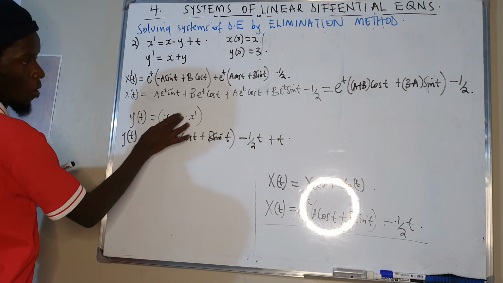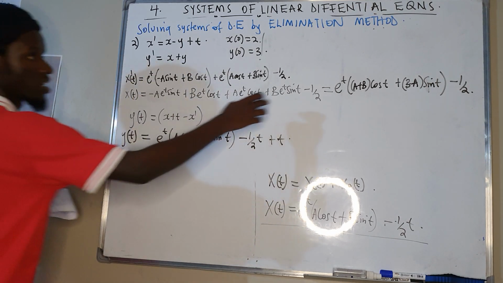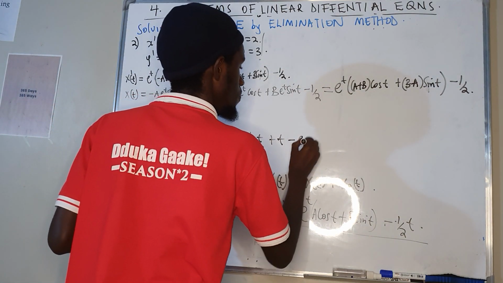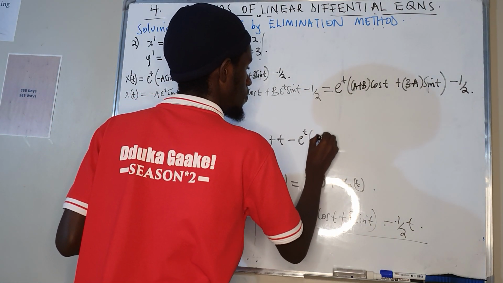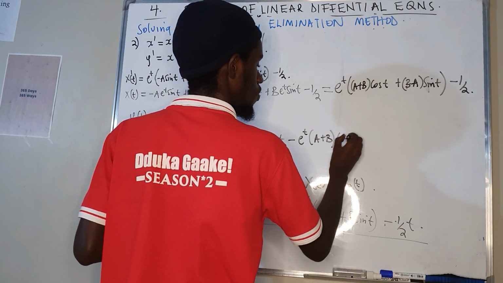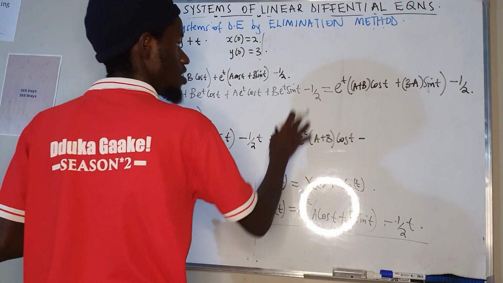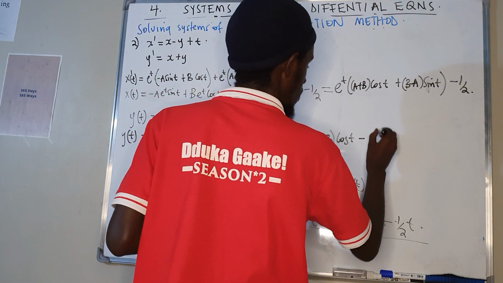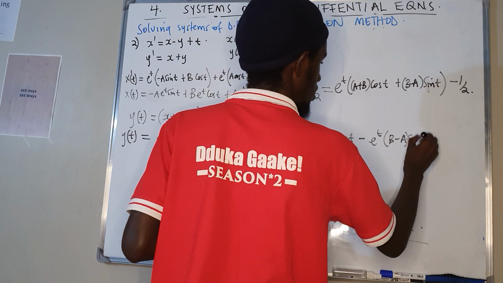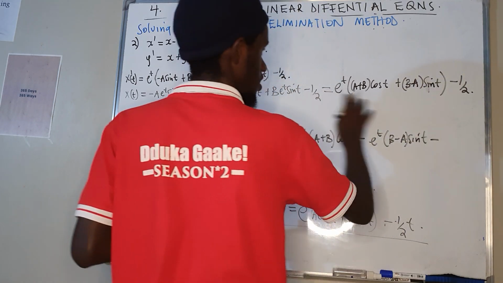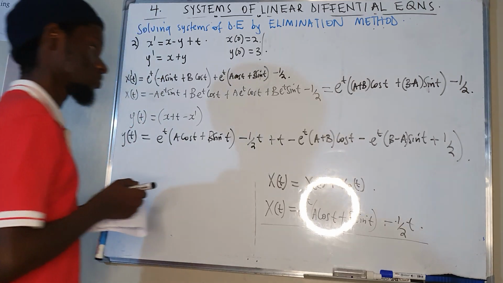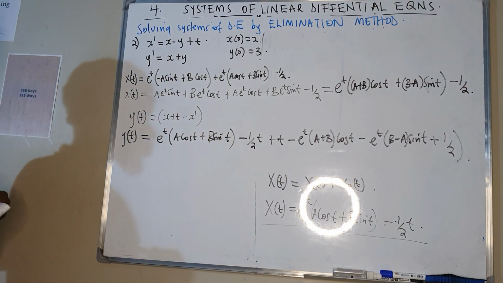Minus x prime, this is my x prime: minus e power t, a plus b, cos t, then minus e power t again, b minus a, sin t, then plus a half. So that is the statement we have here.